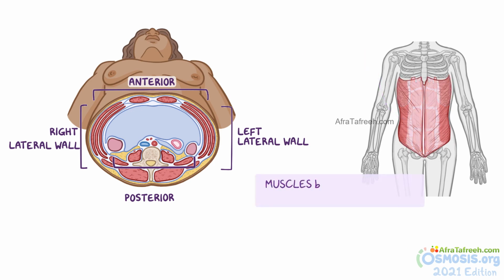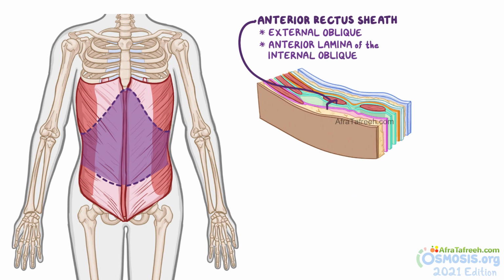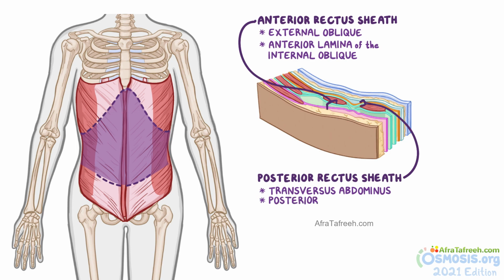These muscles eventually become aponeurotic, and these aponeuroses go on to create the rectus sheath. The anterior layer of the rectus sheath is mainly formed by the external oblique and anterior lamina of the internal oblique, whereas the posterior layer is formed by the transversus abdominis and posterior lamina of the internal oblique.